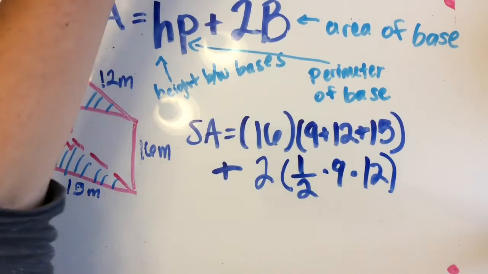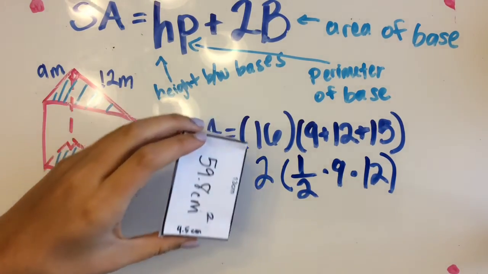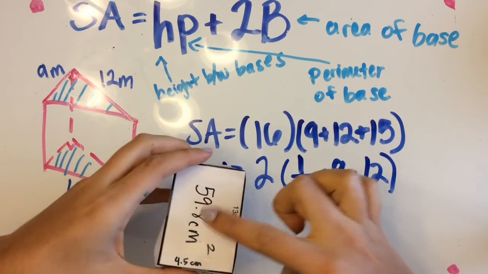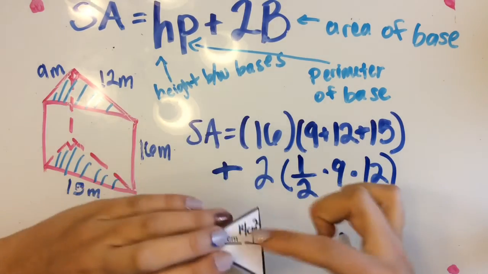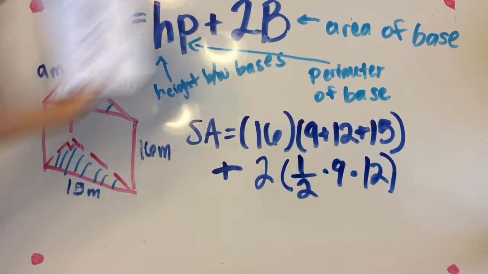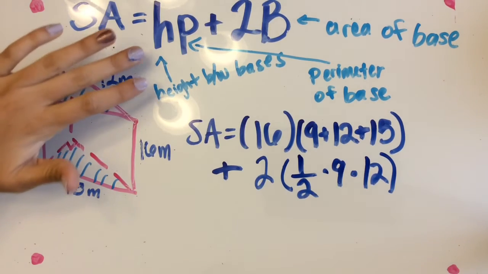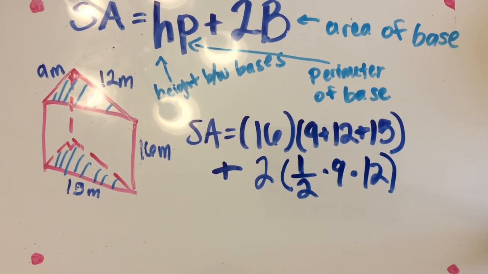Another thing you could do, if the formula really confuses you, is just find the area of each individual side and add them all together. It might be hard to picture when it's a three-dimensional shape like this, and hard to cover all your sides. So the formula at least guarantees that you include everything. I'm going to plug this into my formula.